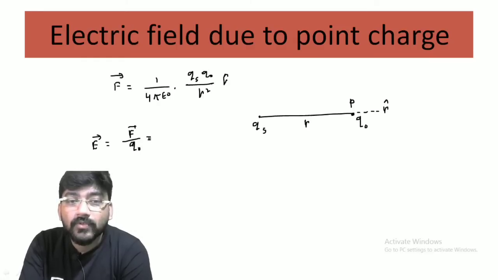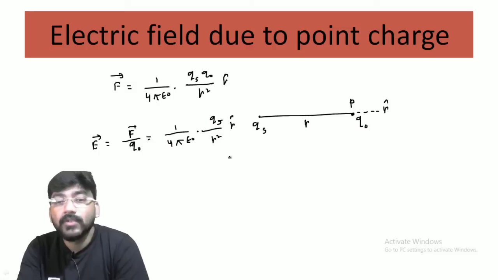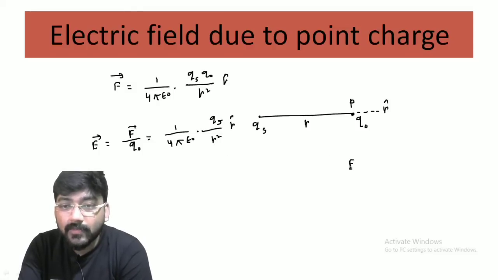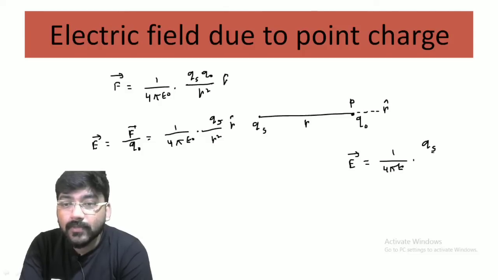If you divide this equation by Q0, it will be just 1 by 4 pi epsilon naught QS divided by r square. So this is now the expression of the electric field due to a point charge. It is 1 upon 4 pi epsilon naught QS upon r square.